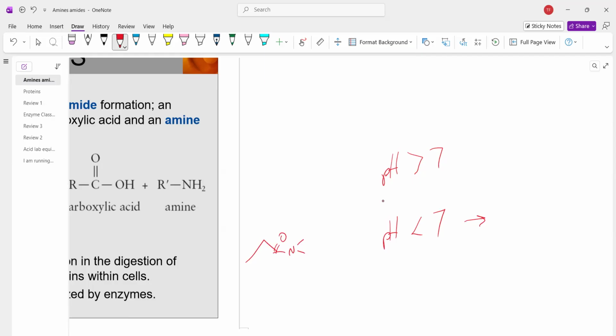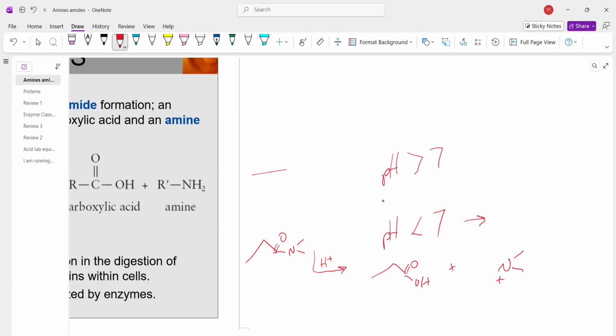In an acidic environment, we end up with the protonated acid and a protonated amine.